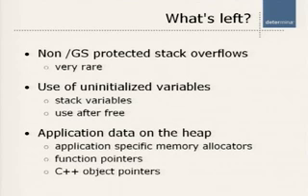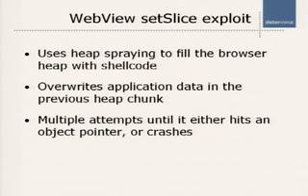Maybe you have function pointers somewhere on the heap that you can override. Maybe you have C++ object pointers. The difficulty there is that because the heap is so dynamic, you don't really know what data is located after the buffer that you're overriding. But with heap feng shui, you can make sure that the data located there is the data you want. So you'll find out how in a little bit.